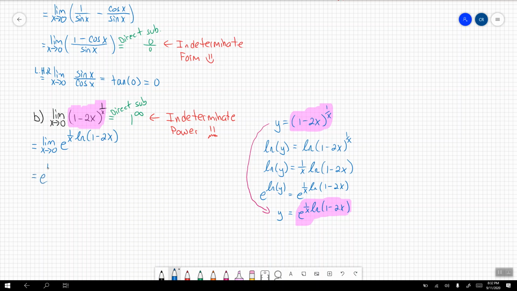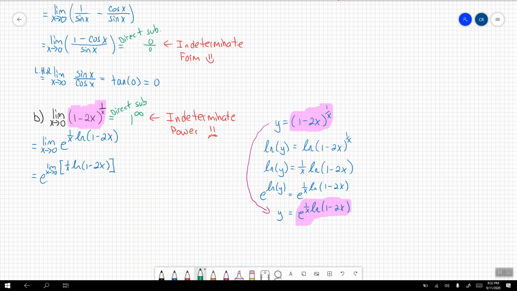Therefore, the limit passes through the constant base, or in this case the natural base, and we get to take the limit of the exponent in order to identify what this limit is going to be. Well, that's great, because now all we get to do is evaluate that limit, and that shouldn't be bad at all, or it might be, but we'll get to it. So let's keep going.